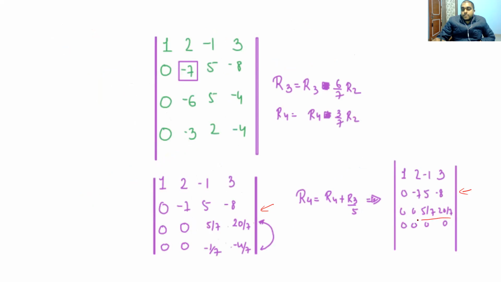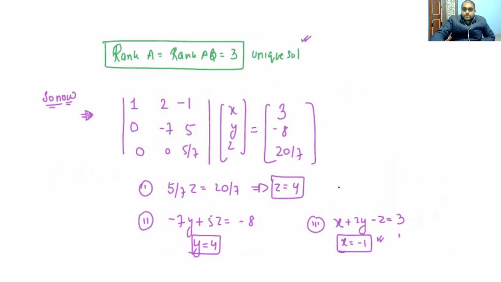We have to convert the augmented matrix into echelon form. What is echelon form? Make the lower rows zero, and the first element is 1, A11 is 1, like that.